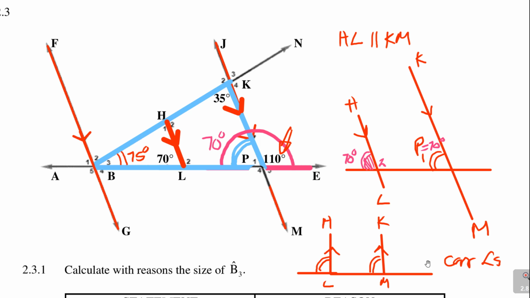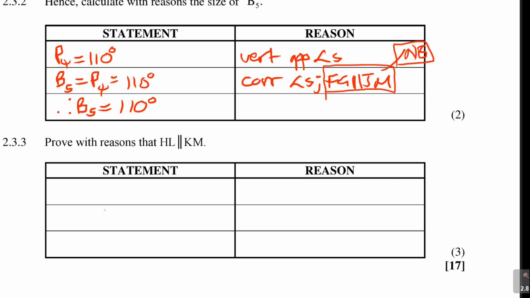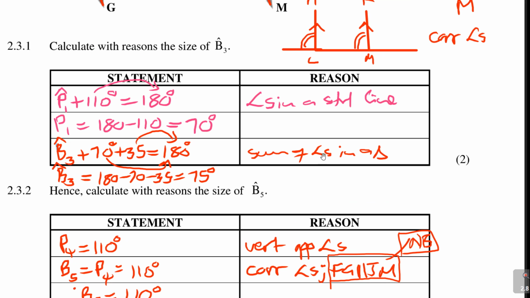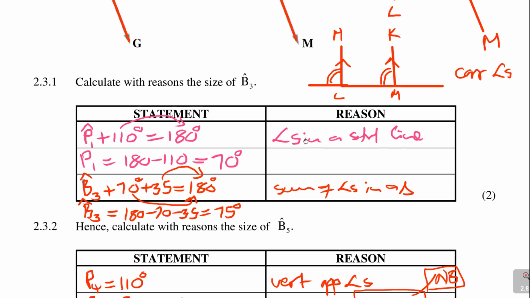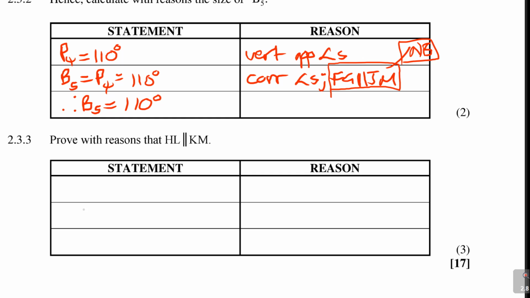But how do you now write this statement? You start by saying P1. You can even recalculate P1. You can just say angle P1 is equal to 180 minus 110, and then you say angles in a straight line, which is equal to 70 degrees.